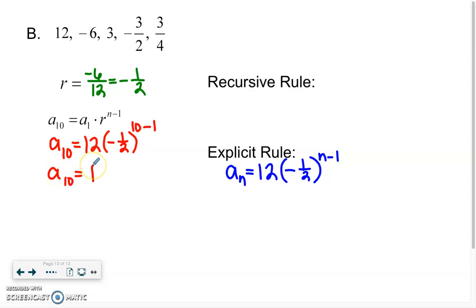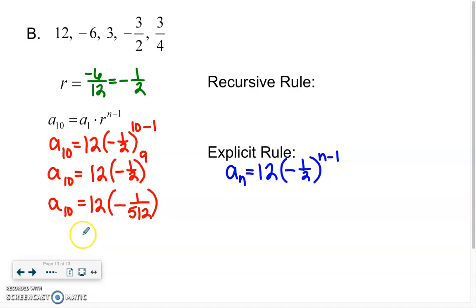So 12 times negative 1/2, that would be to the 9th power. Negative 1/2 to the 9th power is negative 1 over 512. Feel free to use a calculator for that.